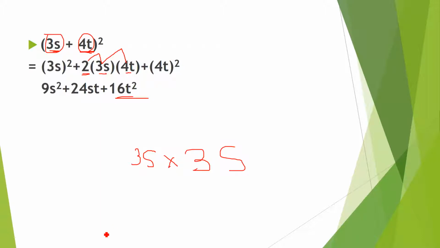16t square. Right, so we have used a square plus 2ab plus b square, and again, I told you that 3s plus 4t whole square means that this whole term is 2 times. So another way, if you want to try, you can try 3s plus 4t, this complete thing, 3s plus 4t.